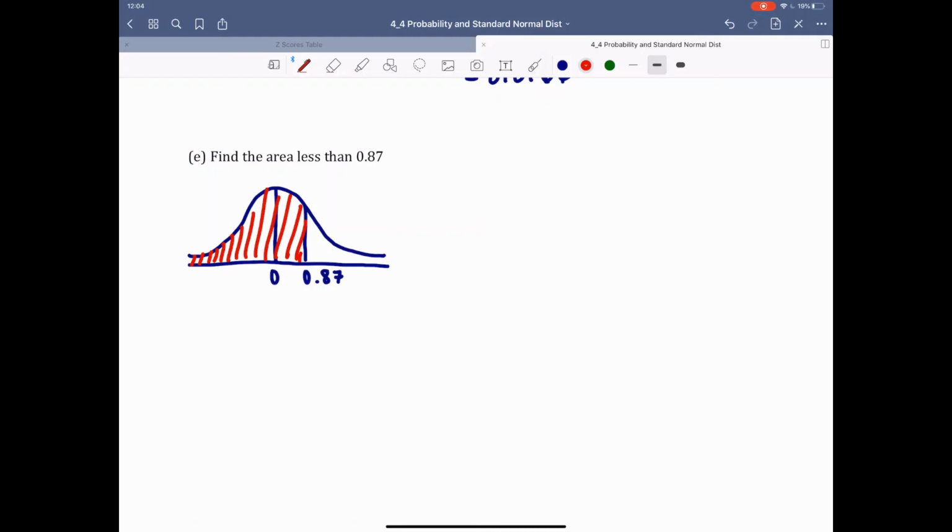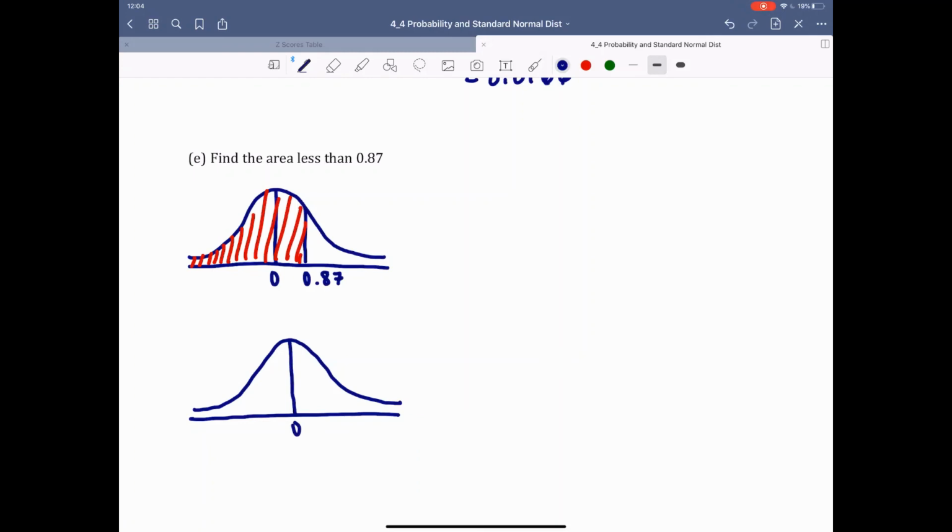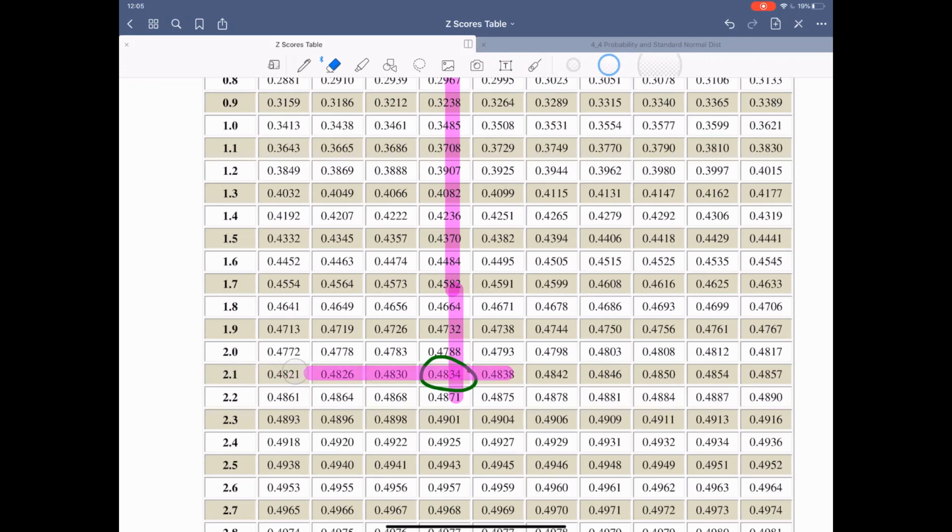So if I break this down using different colors to identify what we know and what we don't know, or start using some of the properties of probability, we know that the area to the left of 0 is equal to 0.5. And we also know, or we can find using our table, the area between 0 and 0.87. So let's look that up. 0.87.